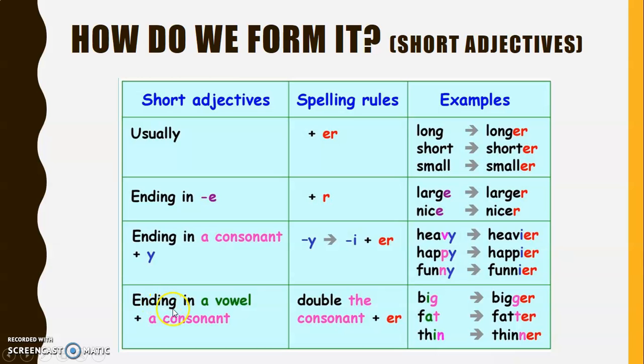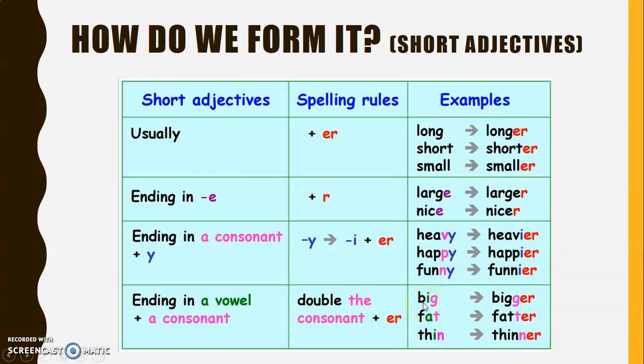Then we can say if the short adjective ends in a vowel and a consonant, vowel, consonant, we double the last consonant. Repetimos la última consonante. And then we add ER. For example, big.